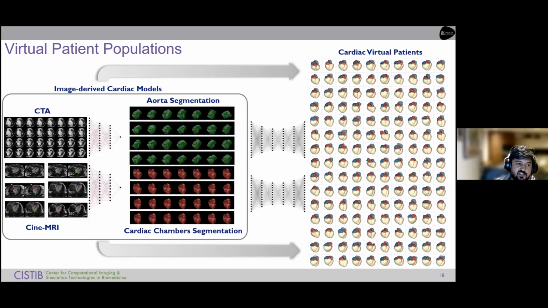But there is no coherent vision to fuse the amount of information that is contained in all of these disparate data sources to build plausible virtual patient models.